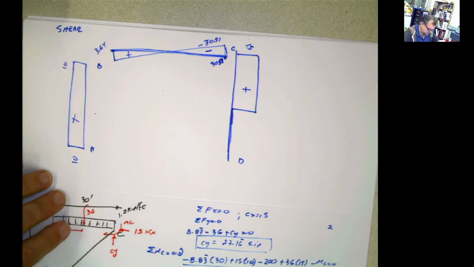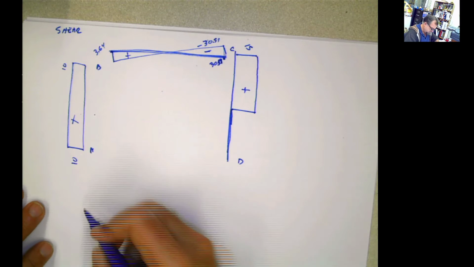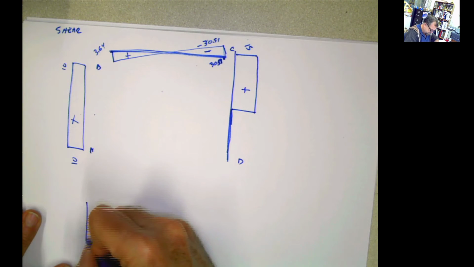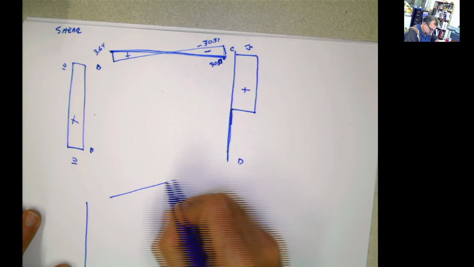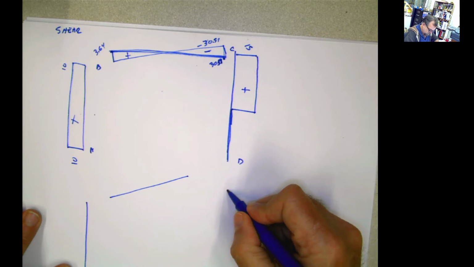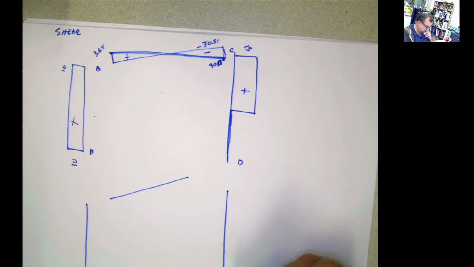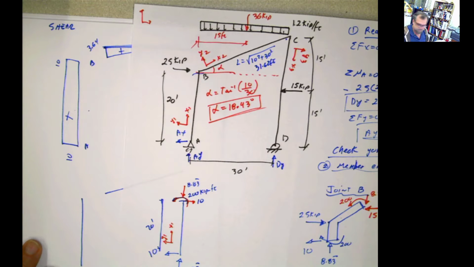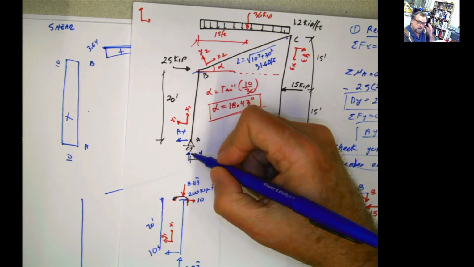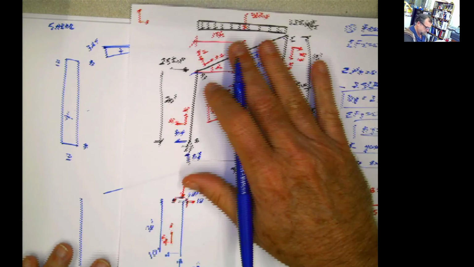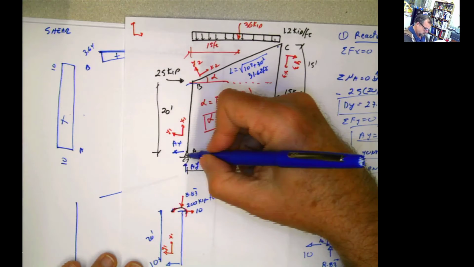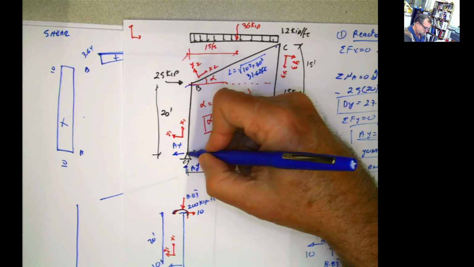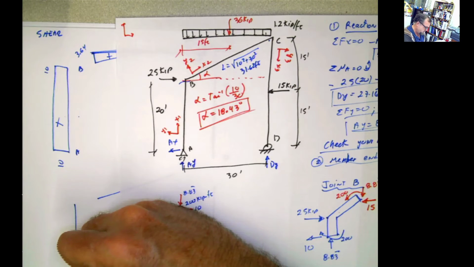Now let's solve the moment here. This support at this end is a pin support and there's nothing over there, so it starts with 0 because there's no moment here.